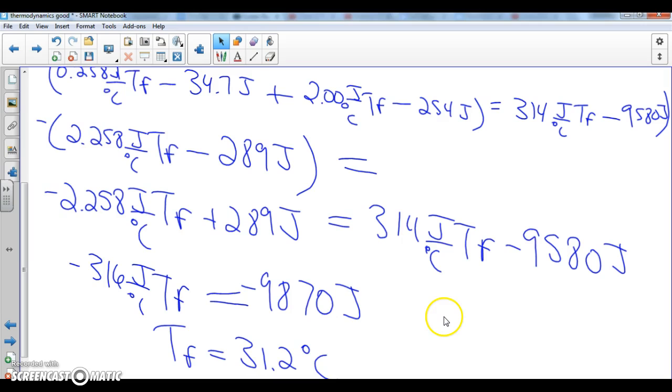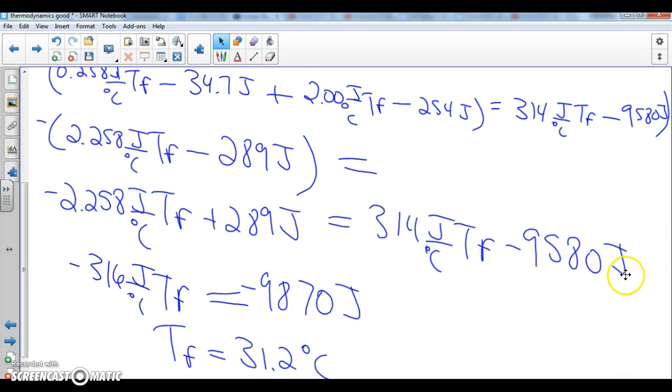Alright, now I'm going to combine like terms in this whole thing, because now I can set them equal, because my parentheses went away. So I'm going to combine my TF terms. That's what I did there. So I subtracted 314 from both sides, using my sig fig rules. And then I'm going to move my non-TFs to the other side. So I subtracted 289 from both sides. That's how I got the negative, because minus 9580, excuse me, let me try that again.